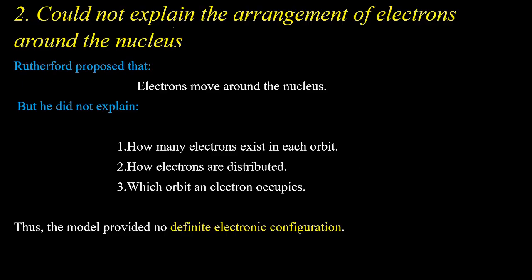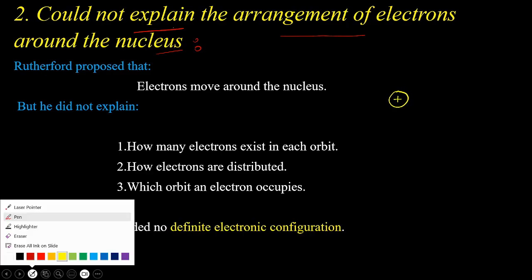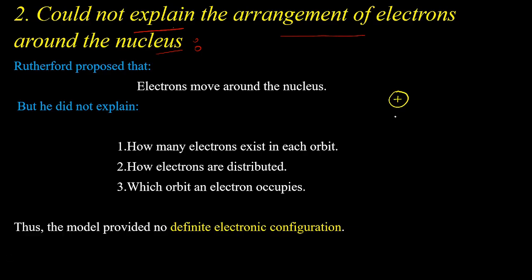Next point, Rutherford's model could not explain the arrangement of electrons around the nucleus. Rutherford in his atomic model states that an atom has two parts. One is the nucleus, which contains all the protons or all the positive charge inside it.